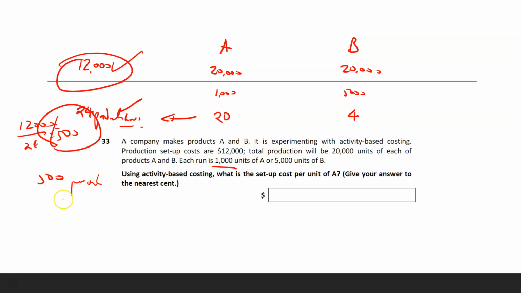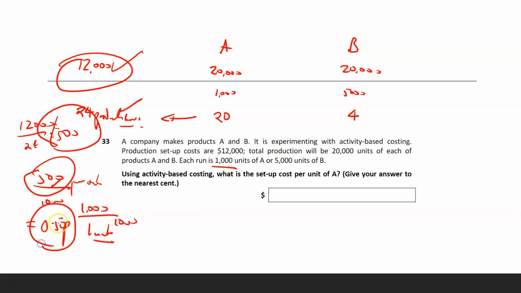So every time you have a run, you spend £500 to sort out 1,000 units. Therefore, the setup cost per unit of A will be £500 divided by 1,000, which gives 50p as my setup cost per unit of A.